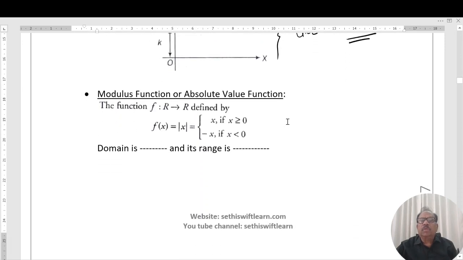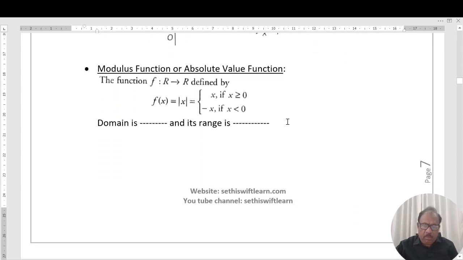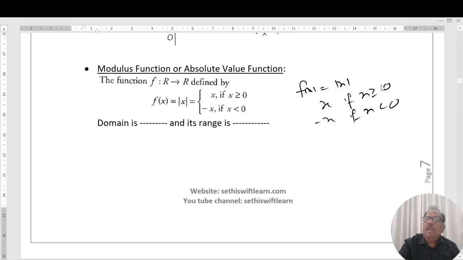Next is modulus function. In the modulus function, f(x) equal to mod x. There are two possible answers. Remove the modulus sign, we will get x or minus x, if x greater than or equal to 0 and if x less than 0. This is a modulus function.